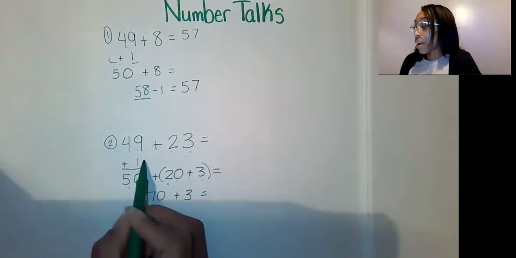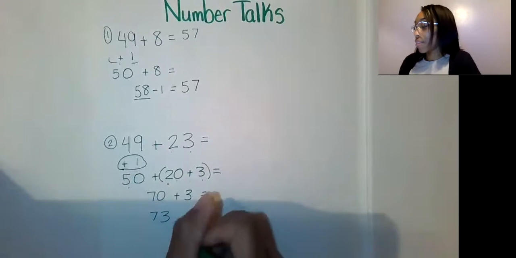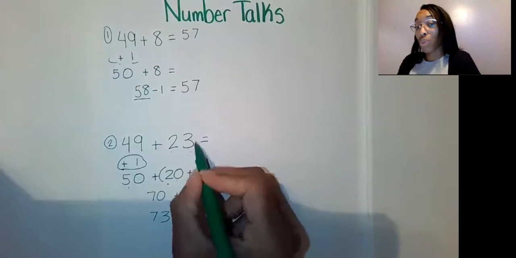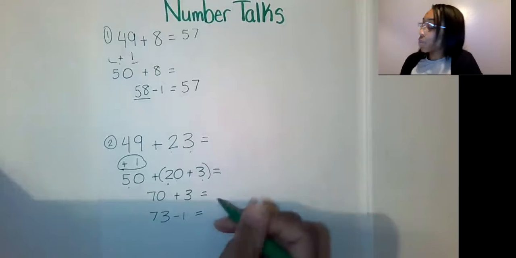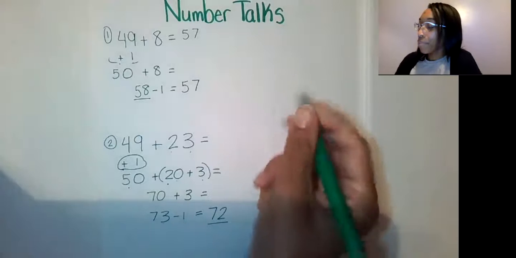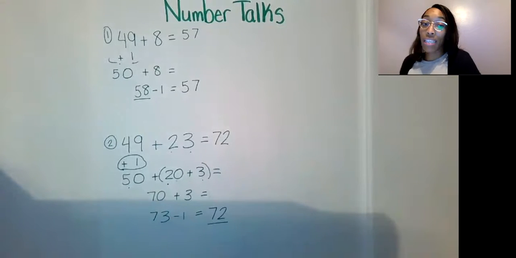But remember, I added 1 to get to that friendly number, so I'm going to have to subtract 1 to get the actual sum to our original equation. So 73 minus 1 is 72, right? So 49 plus 23 is 72.